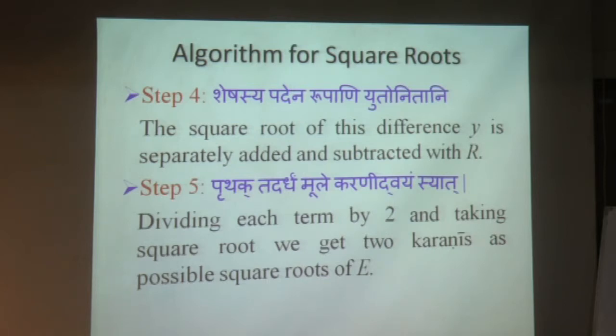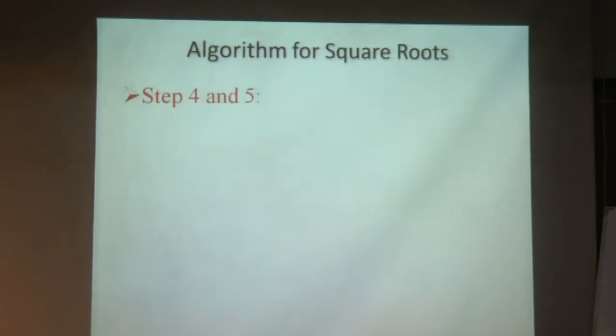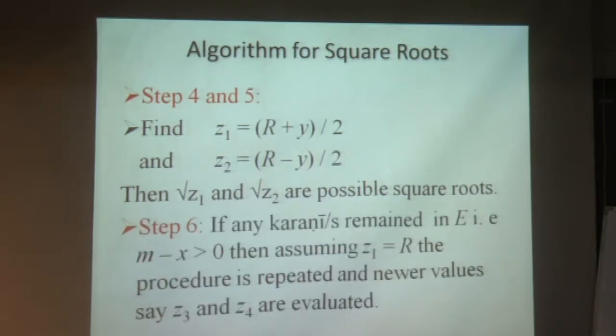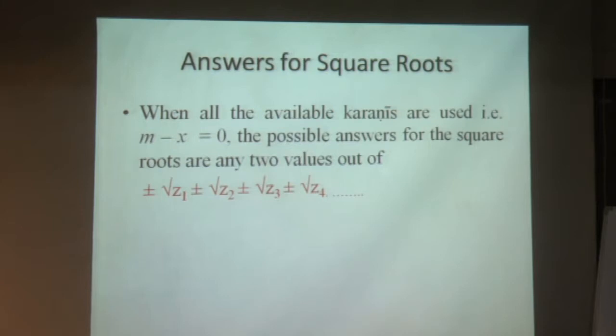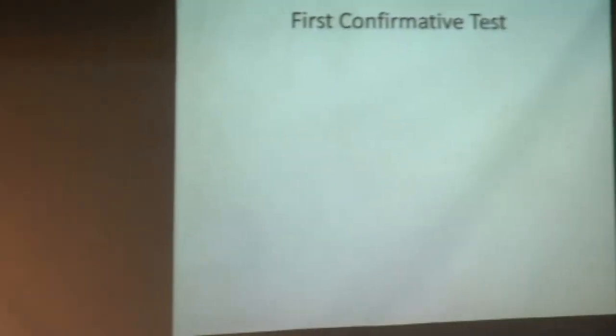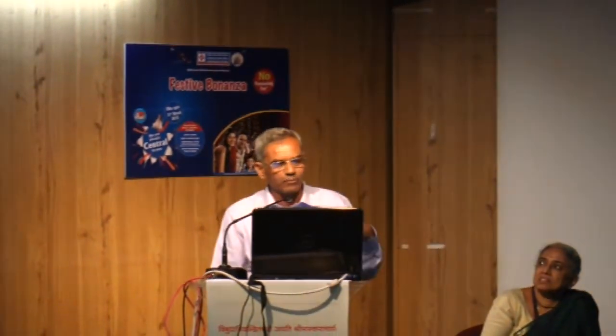Don't go by the answer which you are getting by the said process. And then he is saying to do a confirmative test for that. We will be going to that. Step number 4 is z1 equal to r plus y upon 2, z2 equal to r minus y upon 2. And then the answers for the square roots are respectively these. Those confirmative tests, yes, I will be coming to that, because the rest part is the calculation part.